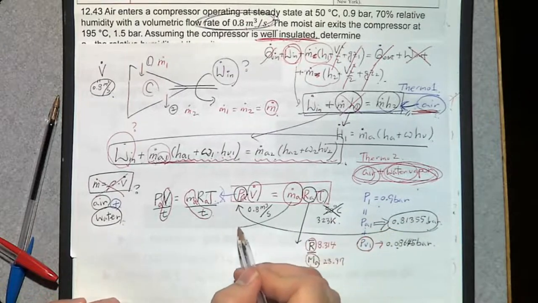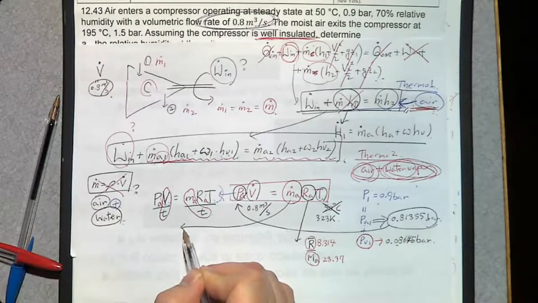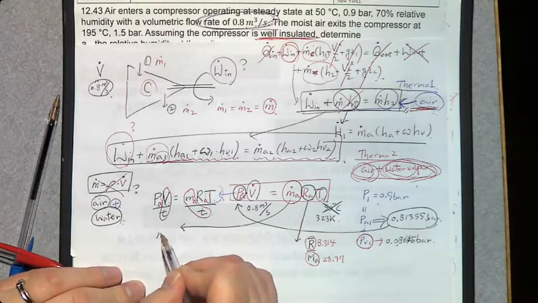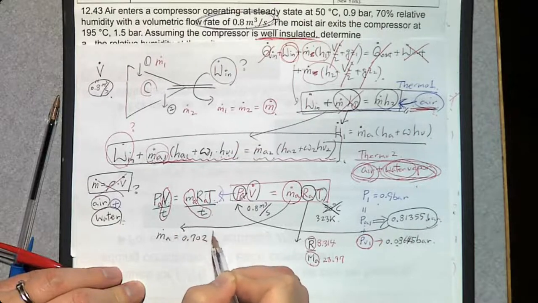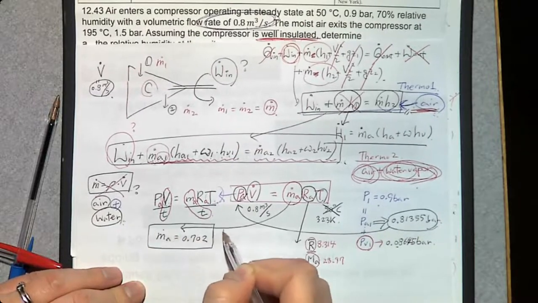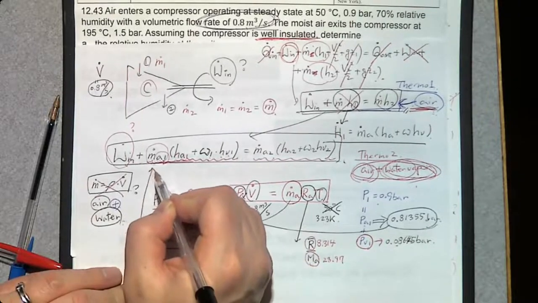You can determine m dot of A. If you do, m dot of A is 0.702 kilogram per second. So this one goes in here.